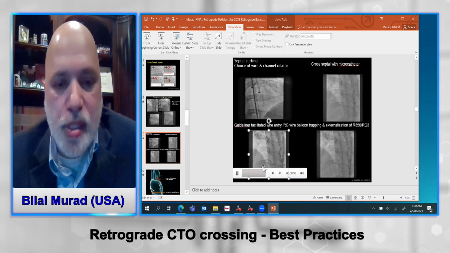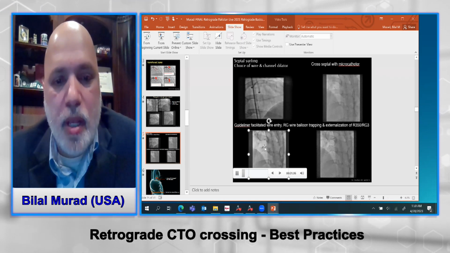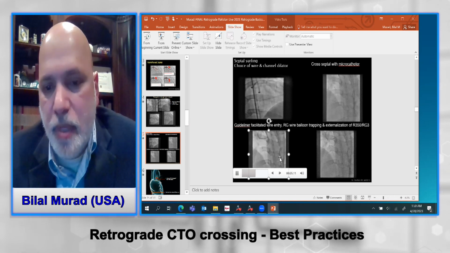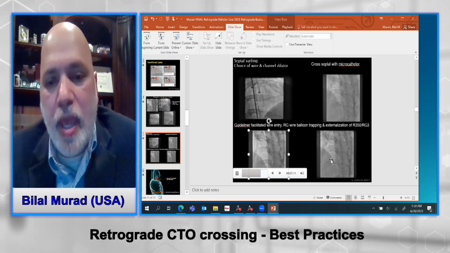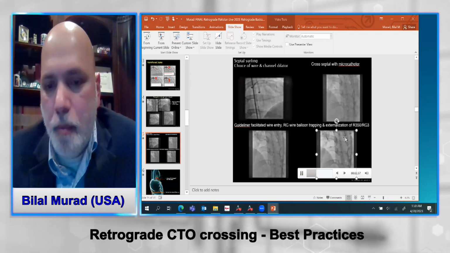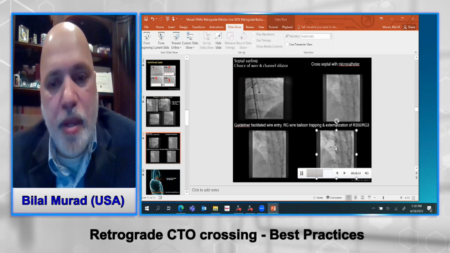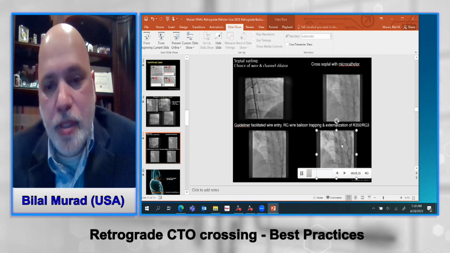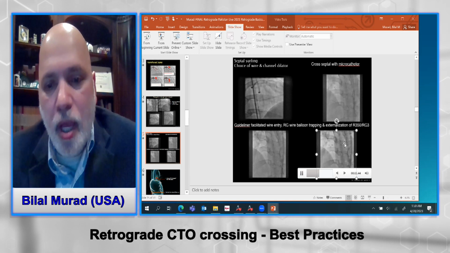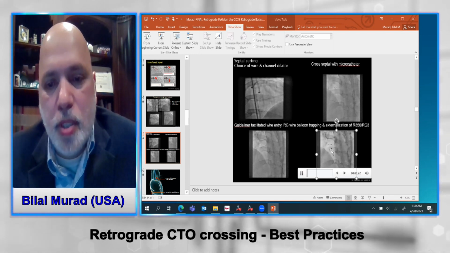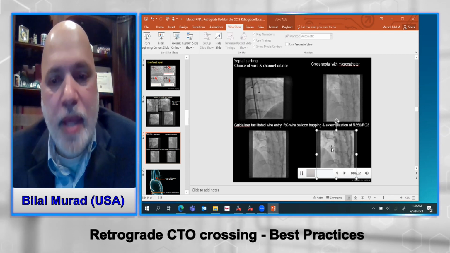In this particular case, you can see here that I have a guide liner into the proximal RCA, and the microcatheter has reached up to the mid RCA. And then in order to enter the guide liner, I have a trapping balloon which has trapped my retrograde wire. As you trap that wire in the antegrade guide and you tug on the wire outside the body, it really helps to push the Turnpike LP all the way into the antegrade guide.